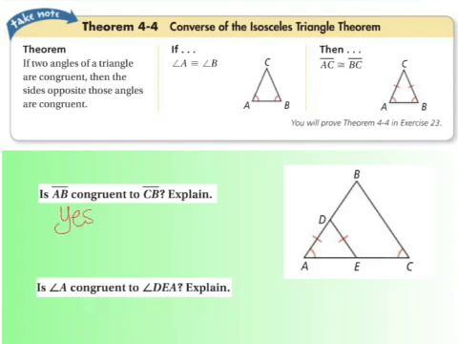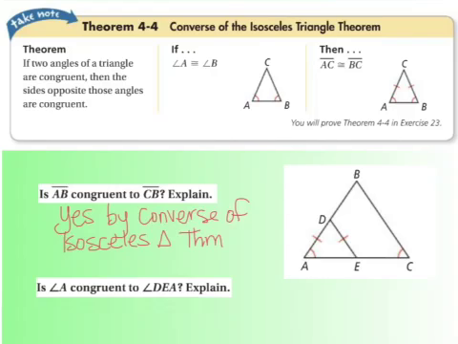And our explanation is by the converse of the isosceles triangle theorem. Because again, the converse says that if we have two congruent angles, then we must have two congruent sides.